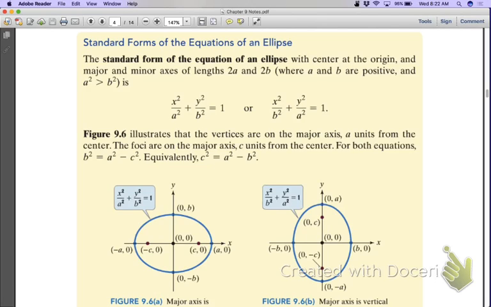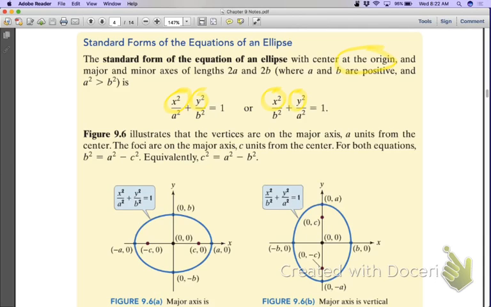If you don't have a center at the origin, then it's going to look a lot like a circle, in terms of our H and our K. This is whenever your center is at the origin, because there's no translation of anything, because we're not moving it left or right. So if there's nothing being added to our X value or our Y value up top, then it's just going to have a center at the origin.